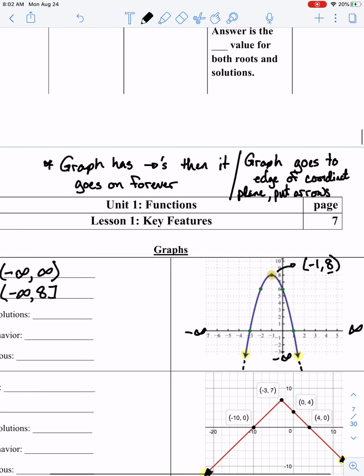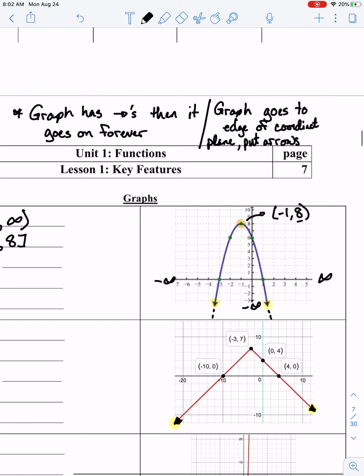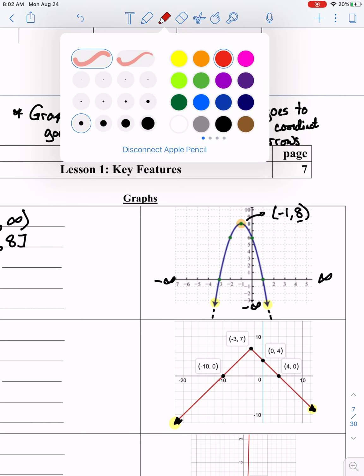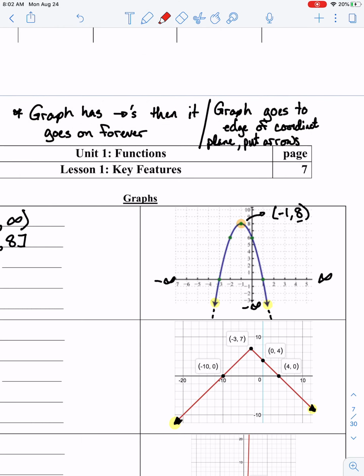So the easiest way to spot if a function is continuous or not is to start at the leftmost piece of your graph and put your pencil down. Then you just want to trace the graph. And if you can draw the entire graph without lifting your pencil, then it's continuous.